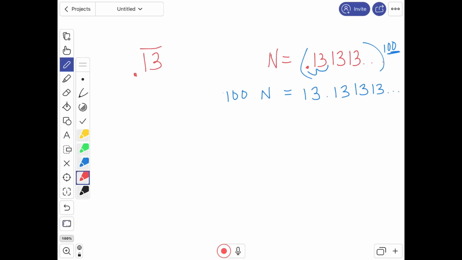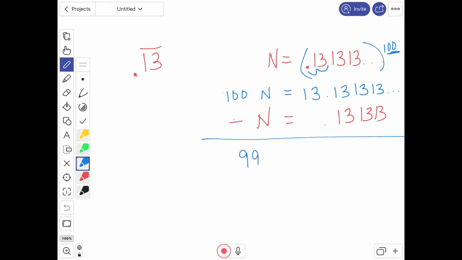Okay, then the next thing we did was we took an n away from both sides. And n equals 0.13. So if we take that away from both sides, I get 99 n's over here, and over here I have just 13 because that all goes away.